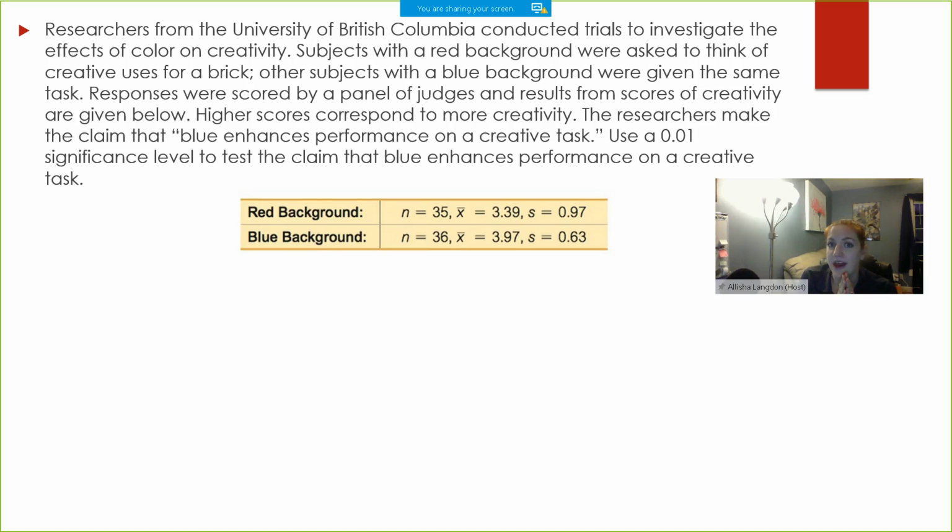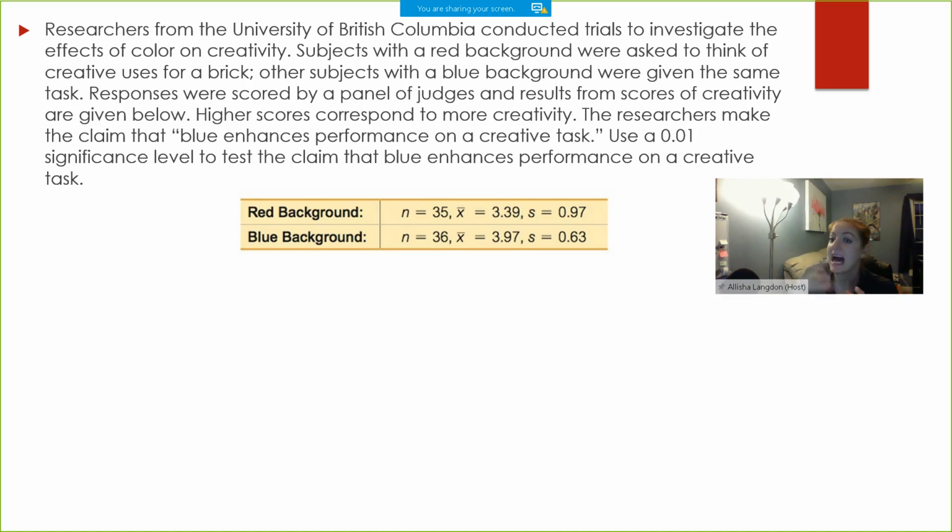Responses were scored by a panel of judges, and the results from scores of creativity are given below. Higher scores correspond to more creativity. The researchers make the claim that blue enhances performance on a creative task. So in other words, blue's going to be more creative.